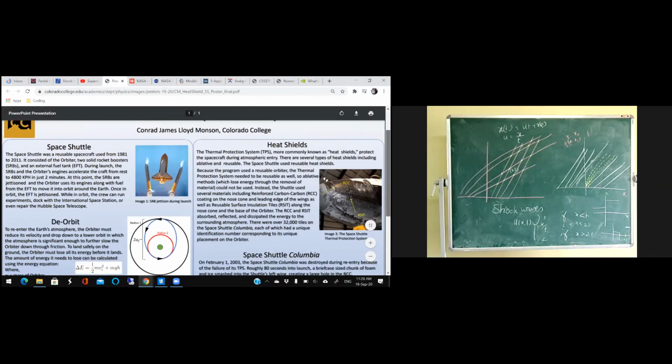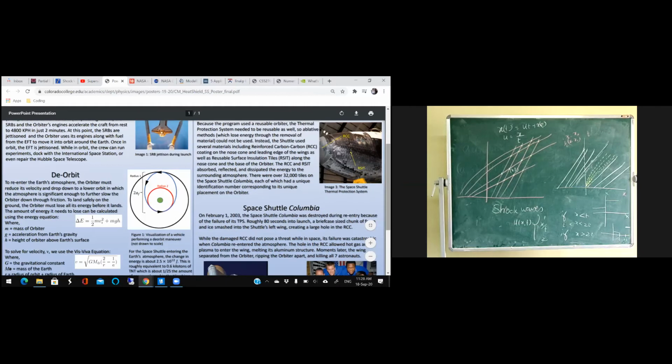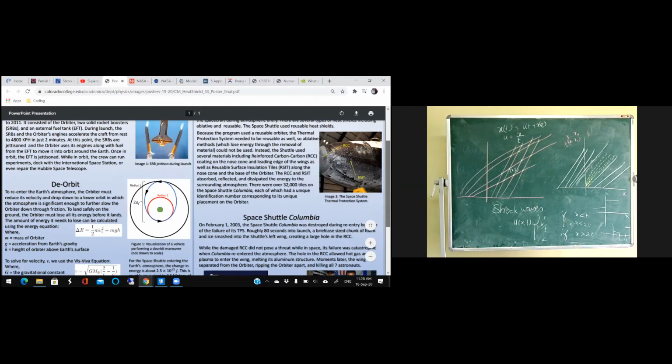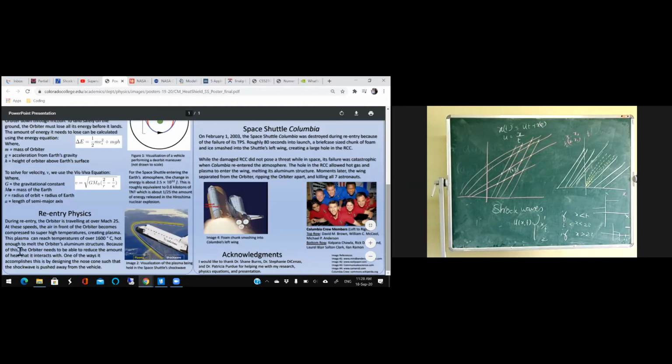Another important thing is the space shuttle return. You know Kalpana Chawla died because of the space shuttle return, right? That is again a kind of shock wave problem. The space shuttle was returning from space. You can see this poster where they mention that a shock wave is forming here. When the shock wave forms, an enormous amount of heat may be produced.